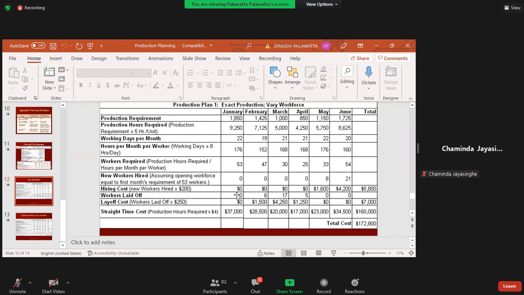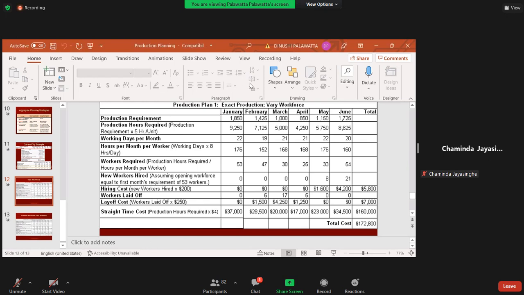There is no layoff either. So the layoff cost is 0, hiring cost is 0. And then you have the straight time production cost, which is $4 per hour. So 9,250 multiplied by 4, you get 37,000.